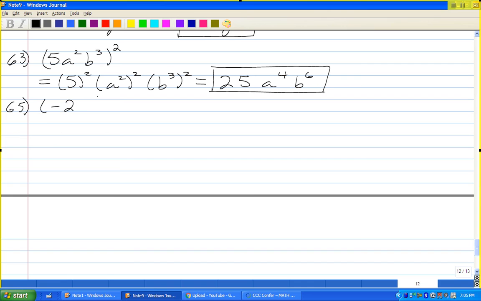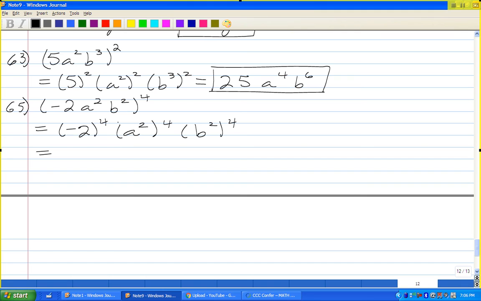Negative 2 a squared b squared, to the 4. Raise everything to the power 4. Negative 2 to the 4, a squared to the 4, b squared to the 4.